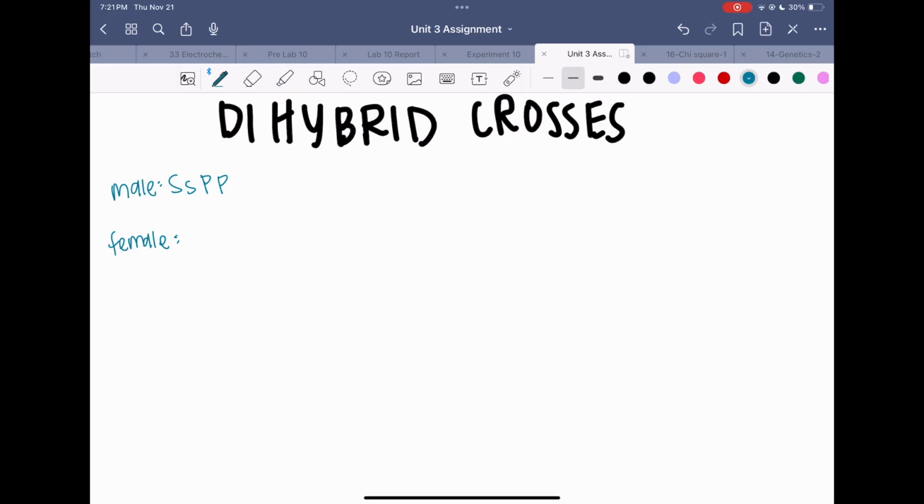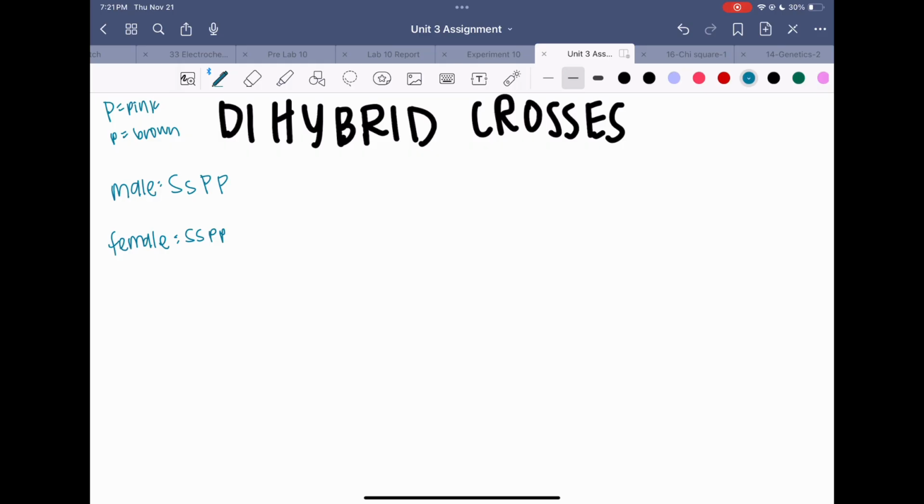Let's say our female has the recessive for spots, so she does not have spots, and she has the recessive tongue color. So let's say the dominant tongue color is pink and the recessive tongue color is brown.